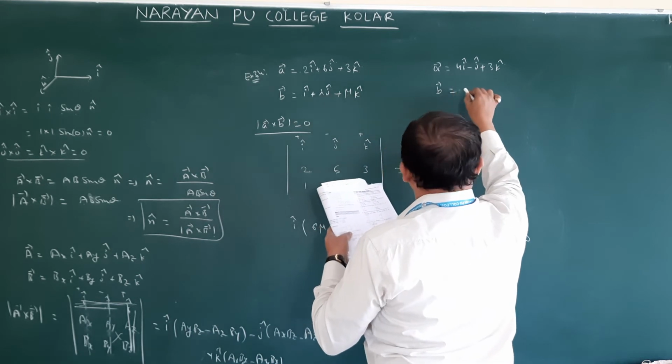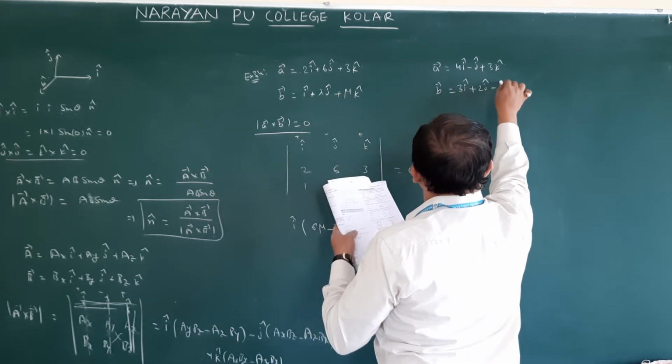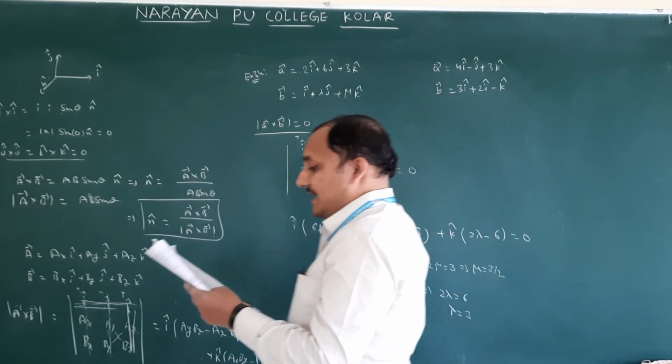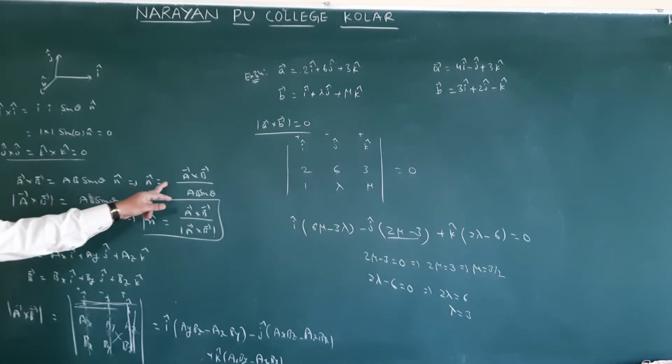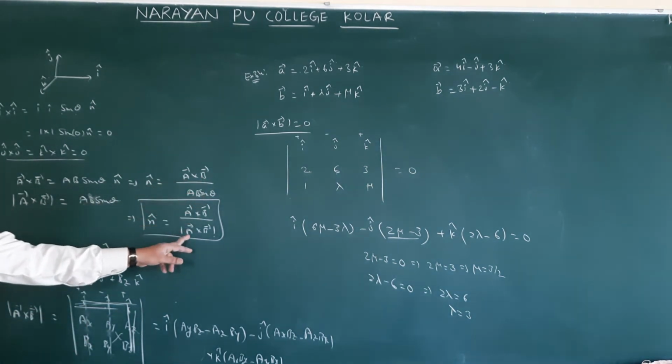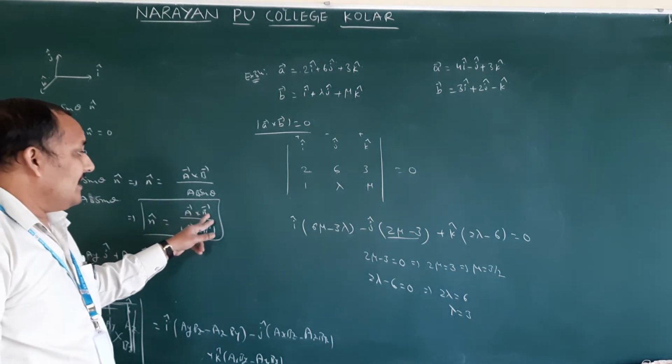B bar is equal to 3 I cap plus 2 J cap minus K cap. They are asking for the unit vector, so for a unit vector I give this formula: N cap is equal to A bar cross B bar by the modulus of A bar cross B bar. First we will find A bar cross B bar.